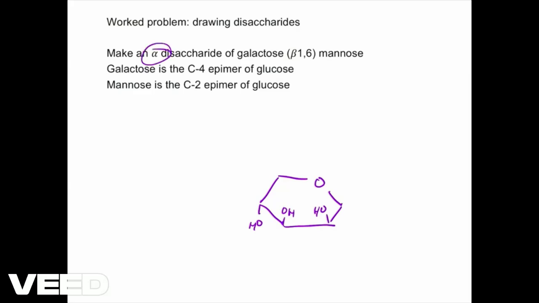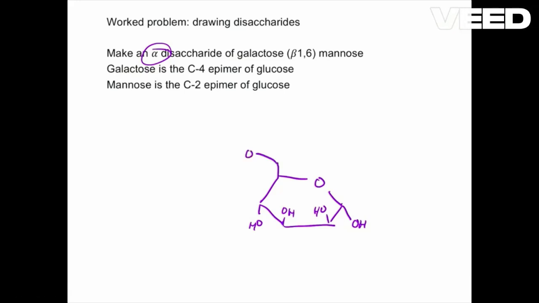Also, we're asked for an alpha disaccharide, so let's go ahead and put the free hydroxyl on mannose pointing down. And then basically here's carbon 6, and the oxygen that's attached there is going to be connected by a beta glycosidic bond to galactose.